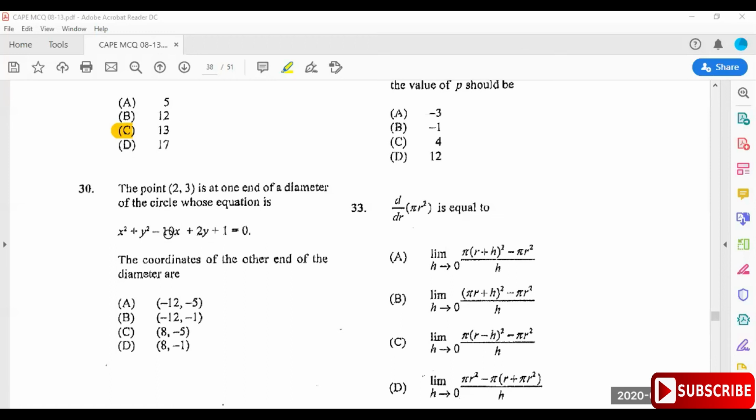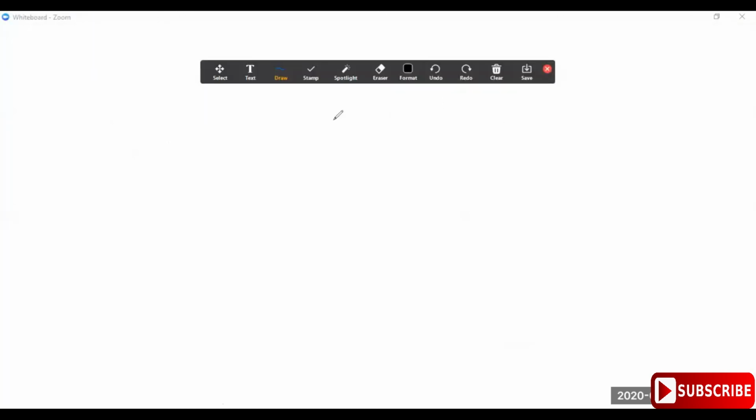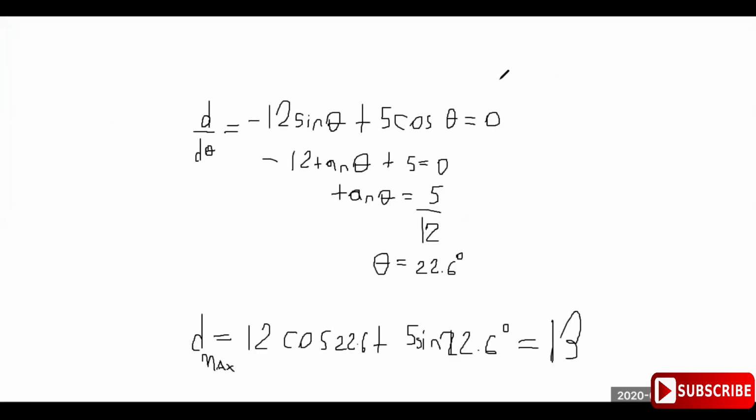So the center is 5, -1. They tell you to divide the x term and the y term by -2. That's just the shortcut method. I'm not a fan of the shortcut method.